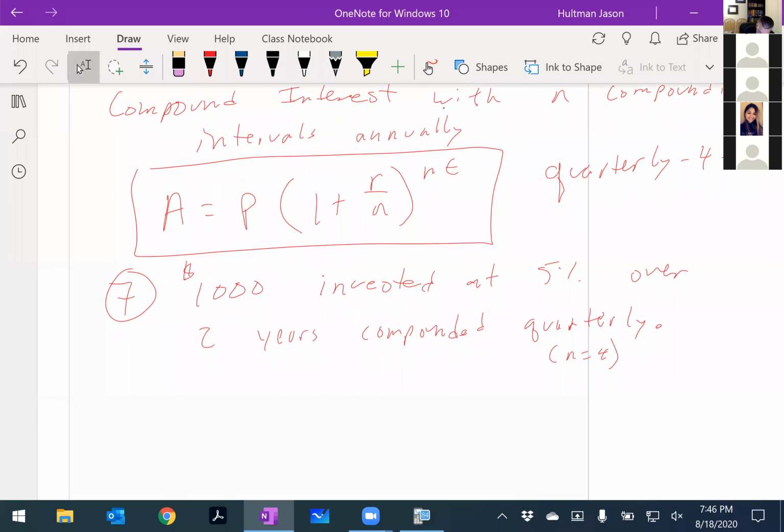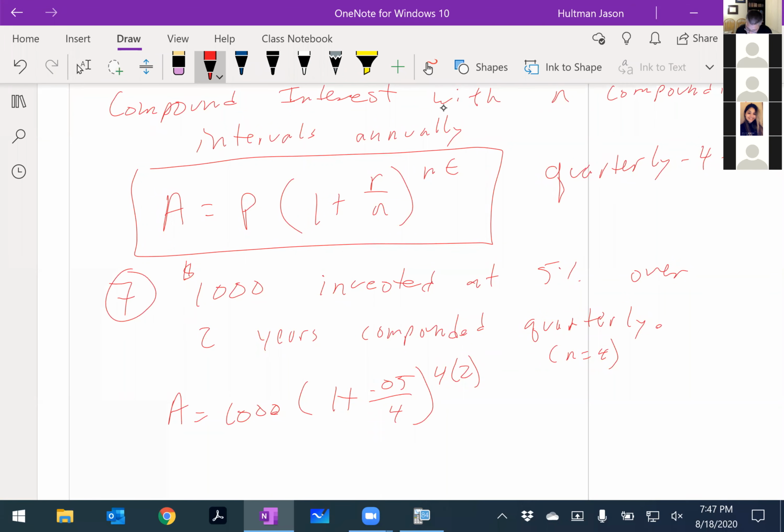So we're going to go, oh, okay, A is equal to 1,000 times 1 plus 0.05 over 4, to the 4 times 2. T is still 2. It just means that I am compounding 4 times a year, which means I will have compounded 8 times in 2 years.